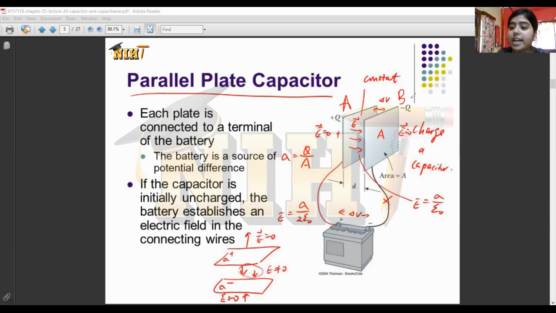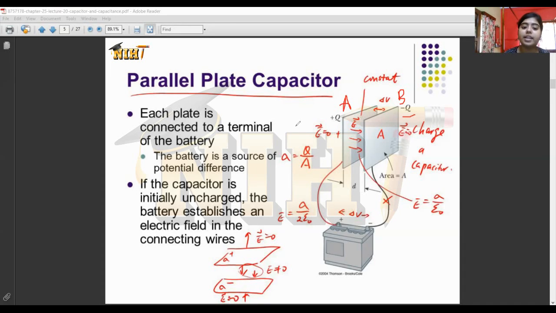So charge cannot flow between plate A and plate B. Now what will happen then? Plus Q amount of charge is placed by the battery on plate A, and plate B contains minus Q amount of charge.